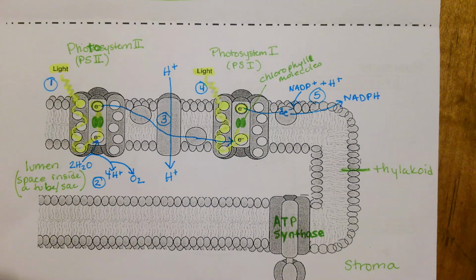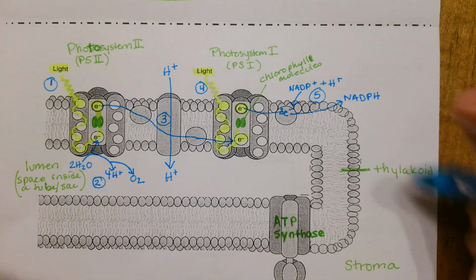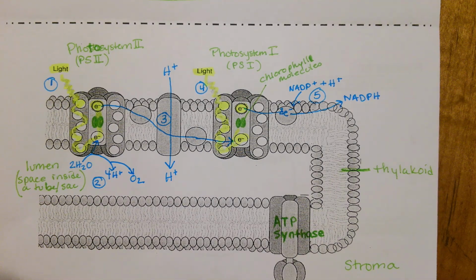So that's our electron carrier. So notice that the NADPH is in the stroma. Okay, he's in the stroma. All right, so that is step 5.